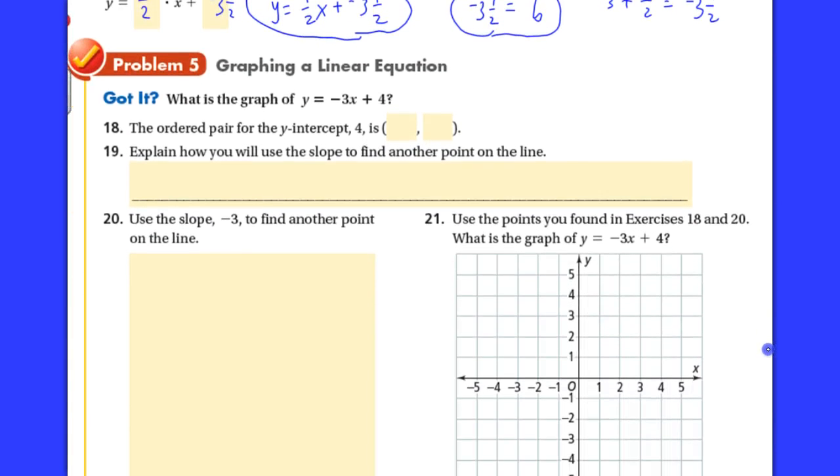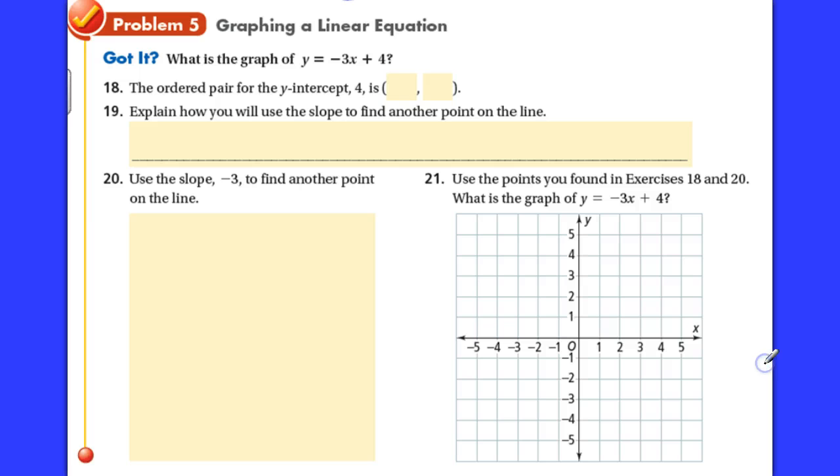Let's go on down and see if we can graph this linear equation based on the clues and the information that they've given us here. So let's try this. The ordered pair for the y-intercept is the point. Okay, if this is the y-intercept, now right here it says, what is the graph of this?